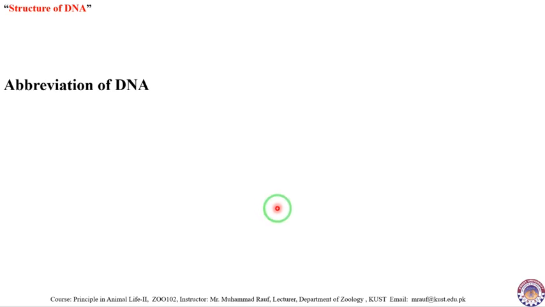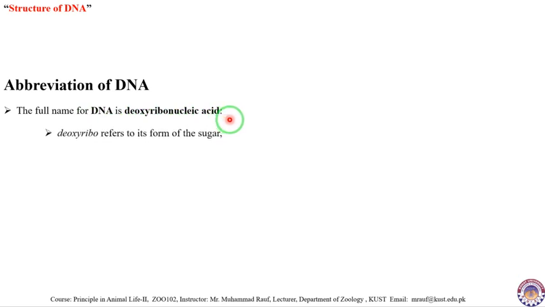Why is DNA named so? The full name of DNA is deoxyribonucleic acid, and it can be dissected into three parts. Deoxyribo refers to its form of the sugar. The sugar which composes DNA lacks an oxygen at position 2 of the pentose sugar, so it is called deoxyribose.